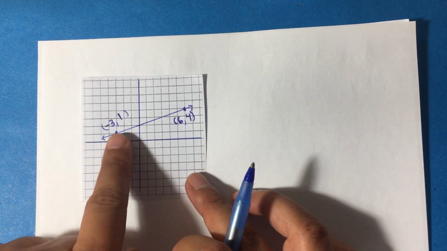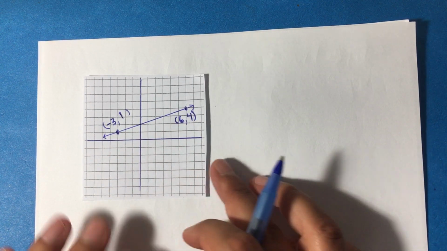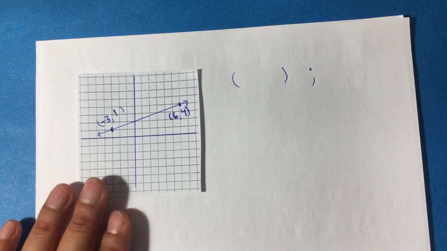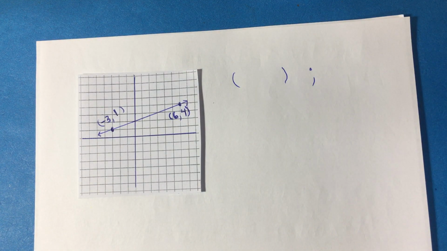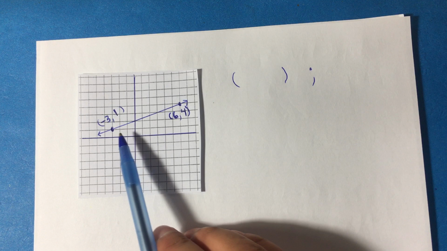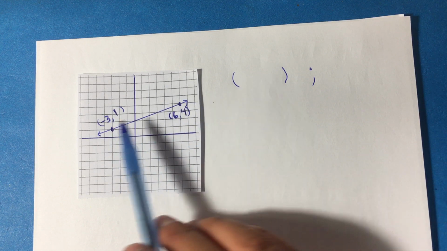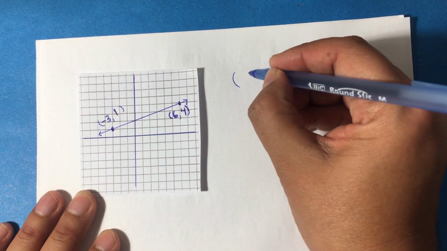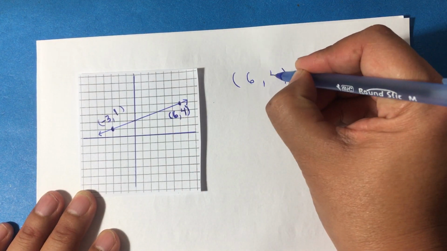Now in here we have 2 points. We don't have the slope. So what we will want to do, the same procedure that we just did, is the first thing is find or choose one of the 2 points. Some people prefer to work only with positives, so let's choose (6, 4).